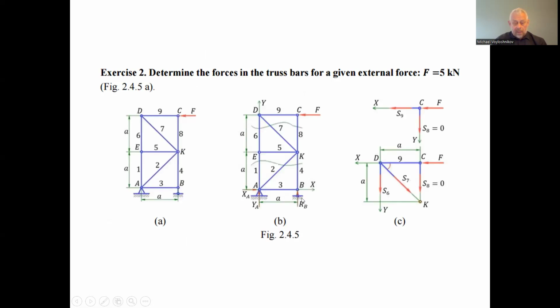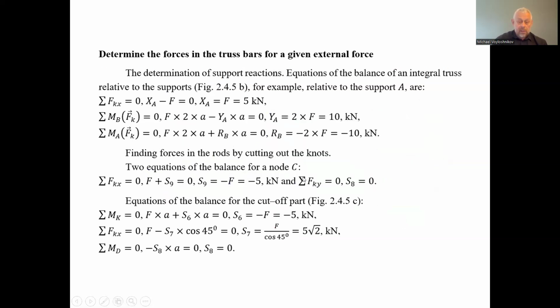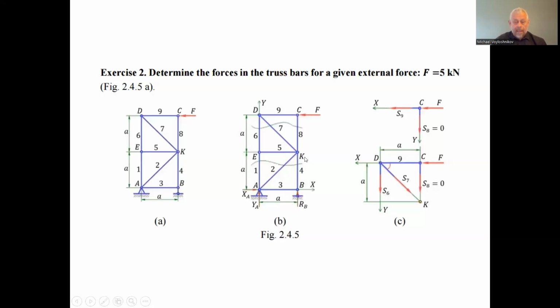Relative to the point B, we have the action of the projection of the reaction in the support A on the axis Y. It acts counterclockwise with arm a, and we have the force acting counterclockwise with leg 2a, so we can determine that YA is 10 kilonewton, directed up.